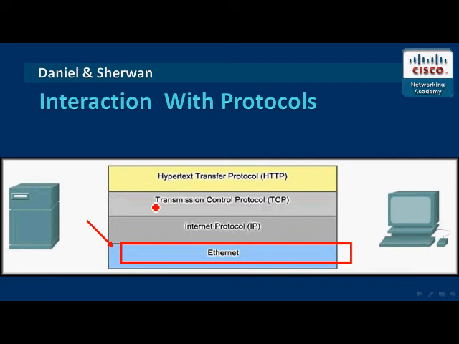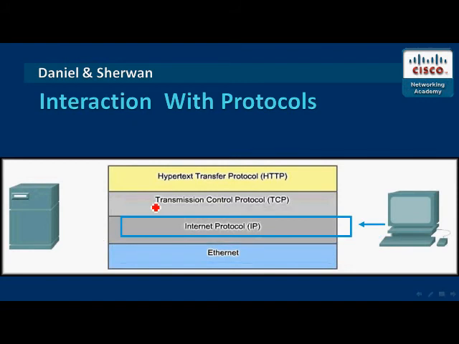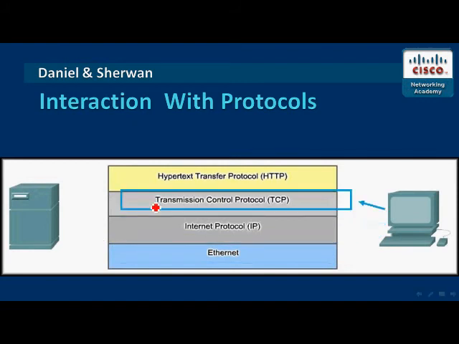And from the PC, it's going to receive the data from the server through the Ethernet cable. And it's also going to receive the data from the server, which is Internet Protocol, IP. It's going to receive the Transmission Control Protocol, TCP. And it's going to receive the Hypertext Transfer Protocol, HTTP, from the server.